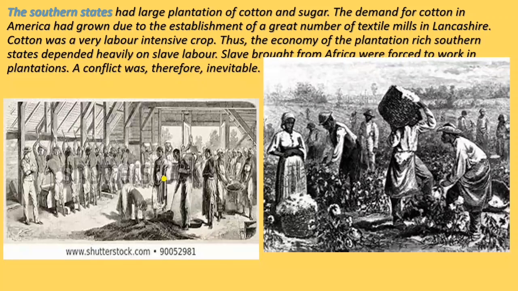Cotton farming required more labor, and thus the economy of the southern states depended on slave labor. These slaves were brought from Africa and forced to work on the plantations. And therefore, the conflict was inevitable, a matter of justice and rights.